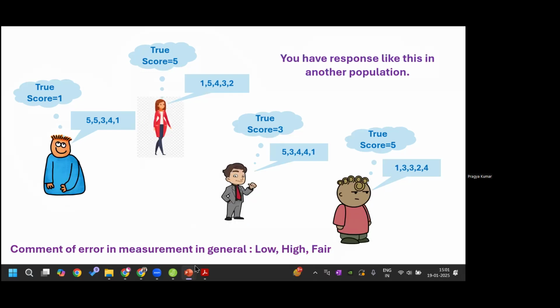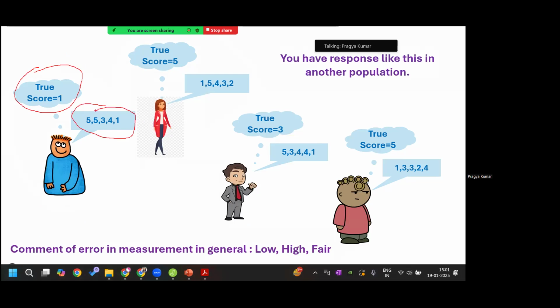Now, if you see these in the population, the true score is 5, but the items are scoring 5, 5, 3, 4, 1. Here the true score is again 5. Items are scoring 1, 5, 3, 2, 4. True score is 3, and items are scoring both 5 and 1.